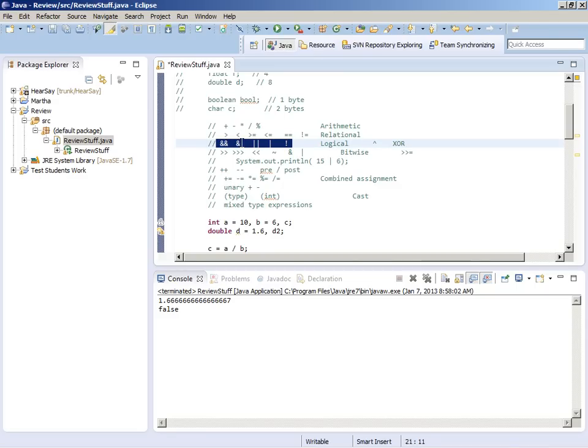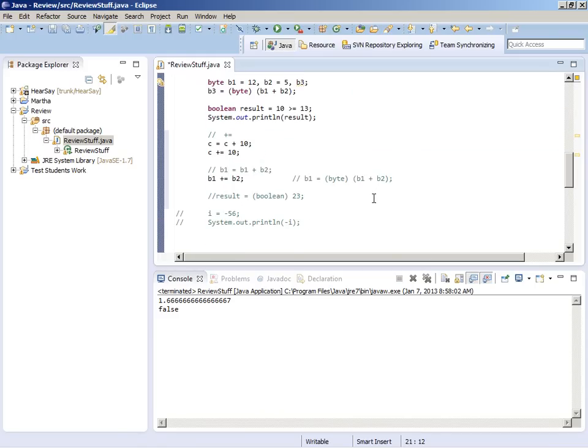Let's look at the logicals, and in particular, the 1 keystroke logical operator and the 2 keystroke logical operators. So we have a Boolean variable kicking around that we can reuse. Result. True is a literal constant.